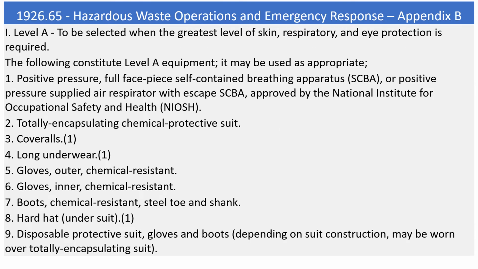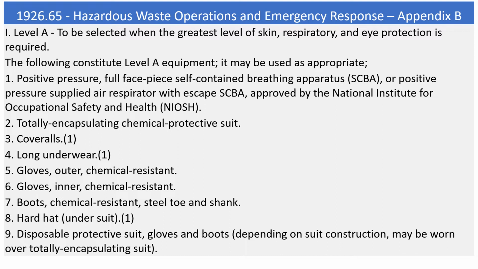Level A to be selected when the greatest level of skin, respiratory, and eye protection is required. The following constitute Level A equipment. It may be used as appropriate. 1. Positive pressure, full face-piece self-contained breathing apparatus (SCBA), or positive pressure supplied air respirator with escape (SCBA), approved by the National Institute for Occupational Safety and Health (NIOSH). 2. Totally encapsulating chemical protective suit. 3.